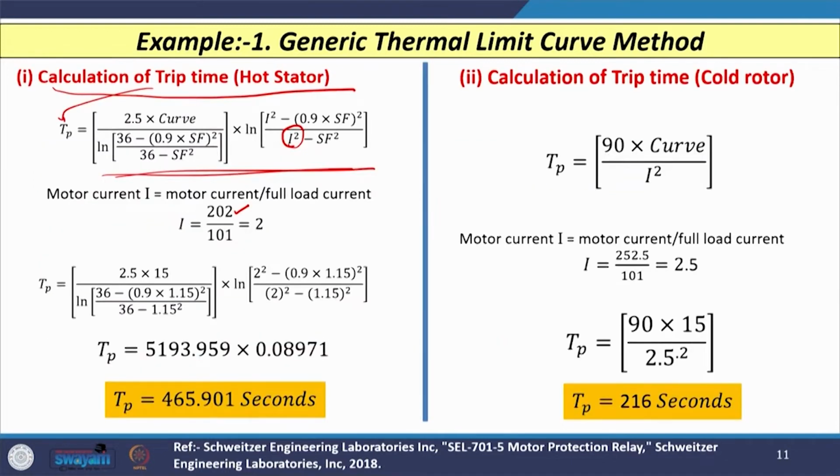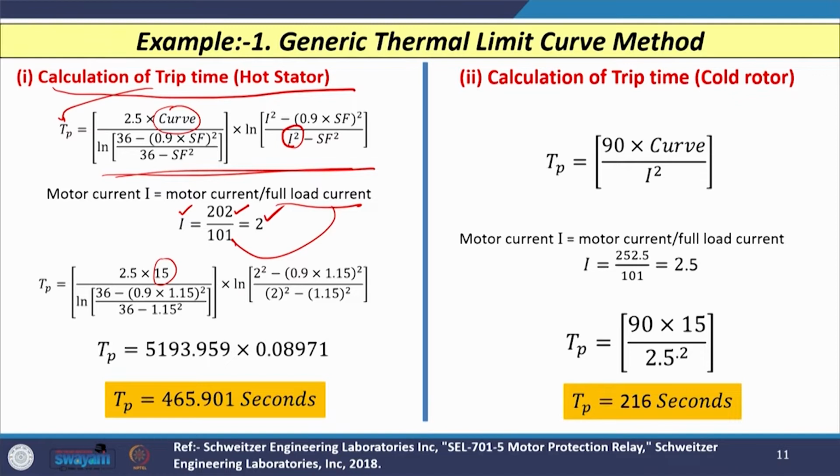If I consider this 202 and the full load current of 101 ampere, then we will have the value of I as 2. With this calculated value of I, we can put the value in this equation of Tp, that is 2.5 into the curve number I have considered as 15, divided by 36 minus 0.9 into SF, given as 1.15, and that is multiplied with ln.